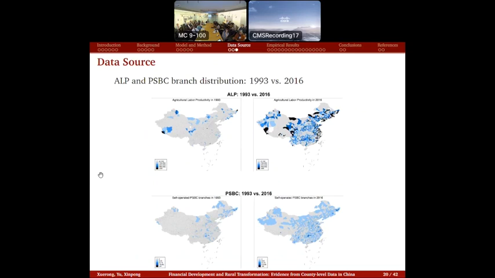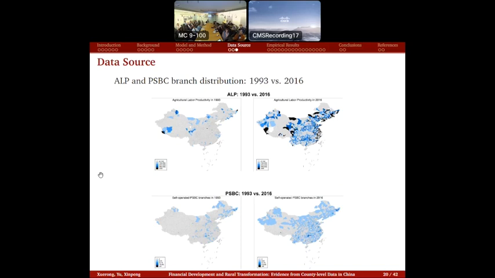The darker the blue color, the higher the ALP or the higher the PSBC distribution in these areas. Taking the first 2 as an example, you can see that in 1993, a lot of counties were at a very low ALP level. However, in 2016, you can see this number grow very rapidly.